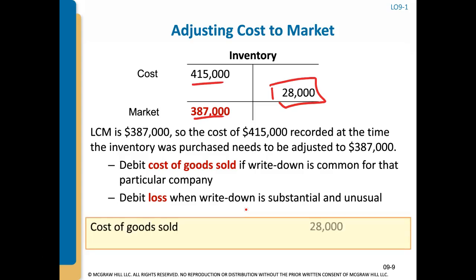And just like with a lower of cost or net realizable value inventory write-down, to write down your inventory you credit inventory, and the other side goes to cost of goods sold. Unless you would debit a loss account instead of cost of goods sold if the write-down is substantial and unusual, which, if you had that, the problem would indicate as such.